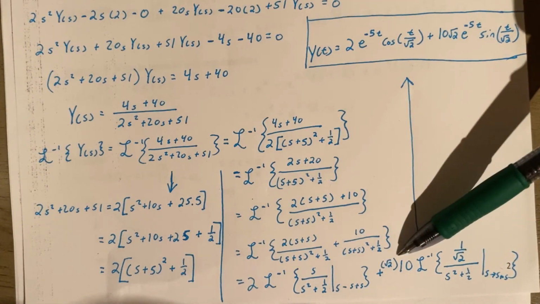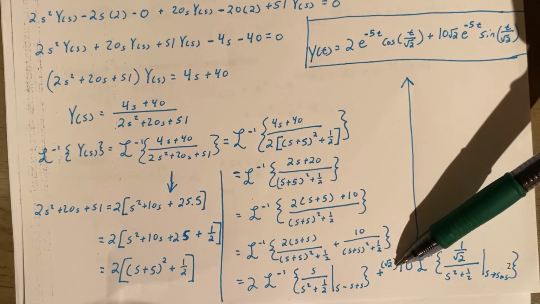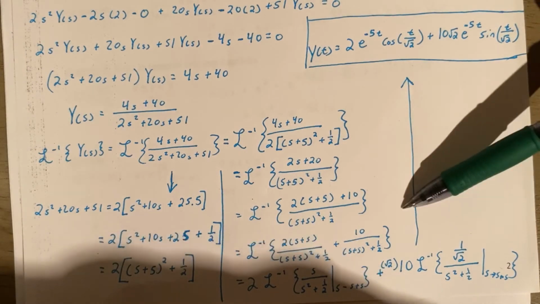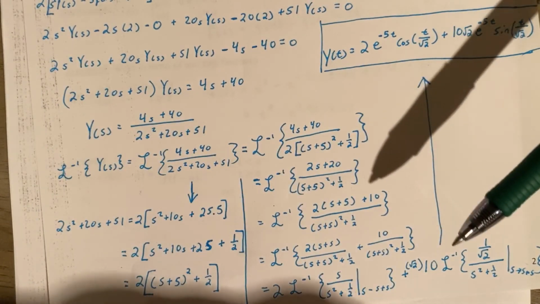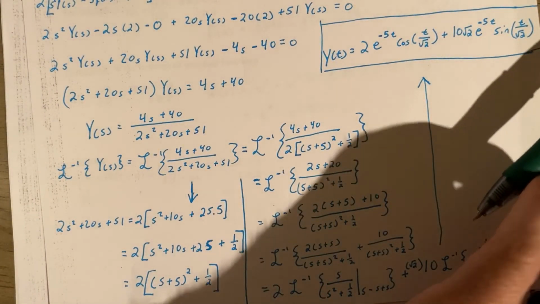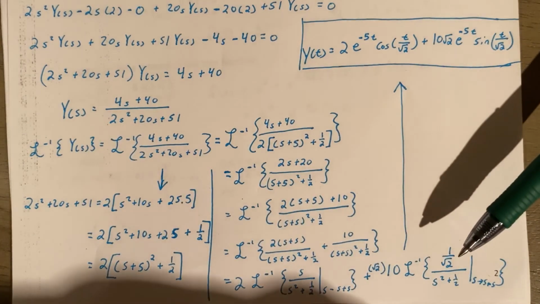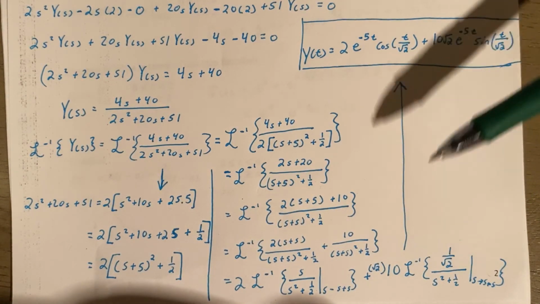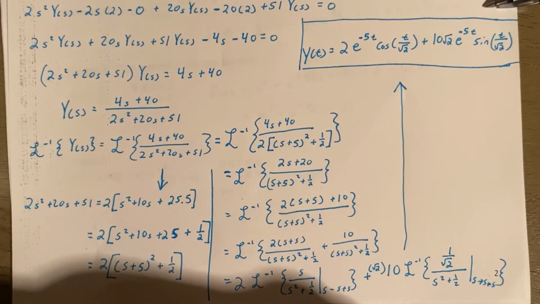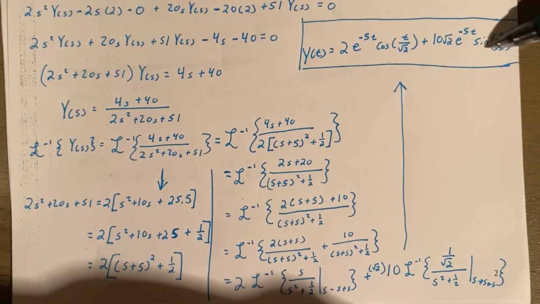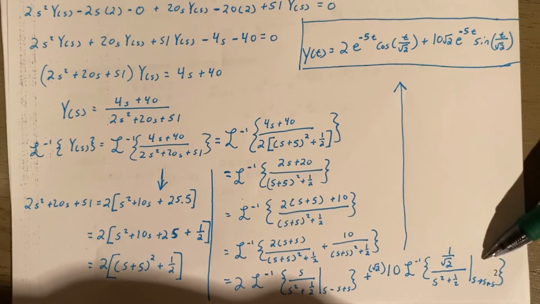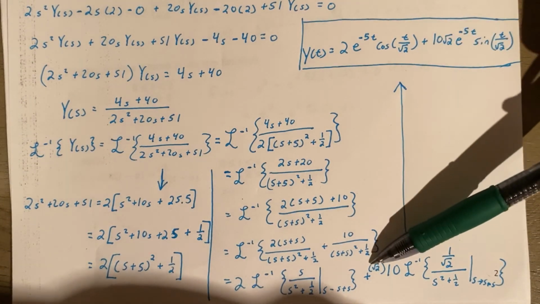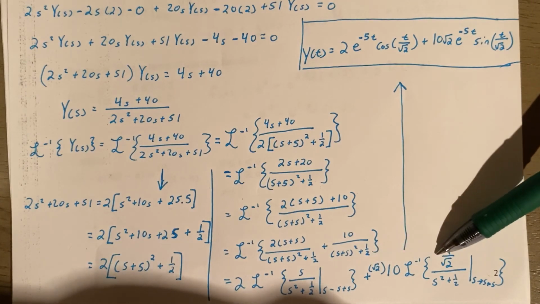So that means I have to multiply by the square root of 2 on the left to get what I need in the numerator. So now that I have my k in the numerator, what I can do is take the inverse Laplace transform of that, which is going to be sine of t over the square root of 2 times e to the negative 5t, because a is negative 5, and 10 times the square root of 2 because I had to incorporate that square root of 2 because of my k.